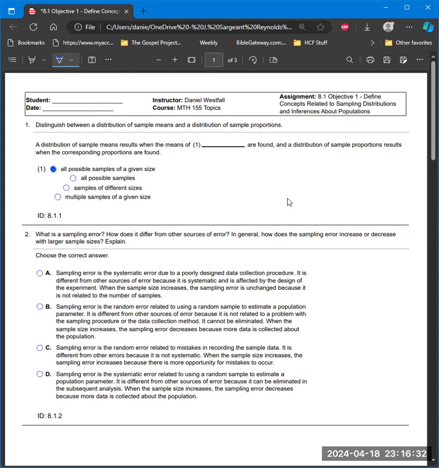It is different from other sources of error because it is not related to a problem with the sampling procedure or the data collection method. It cannot be eliminated. When the sample size increases, the sampling error decreases because more data is collected about the population. So that's B.